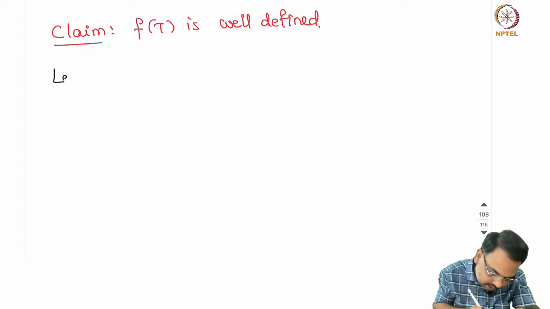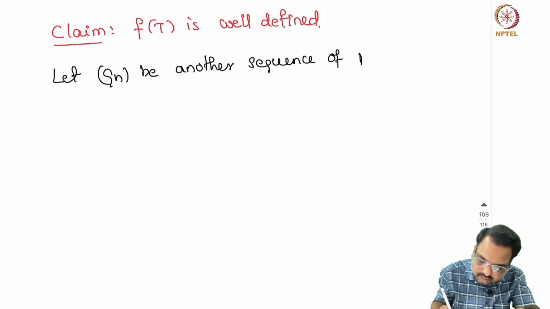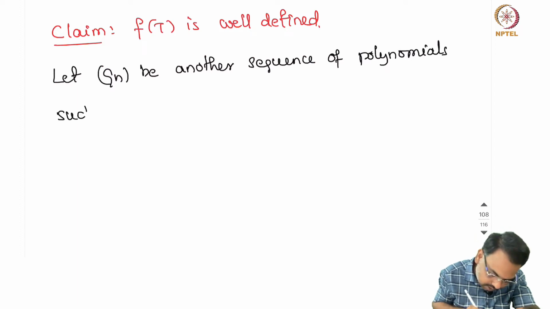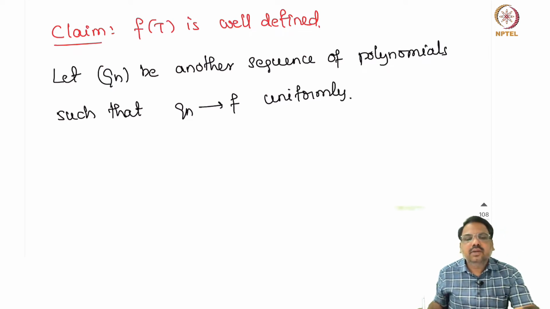Okay, so let Qn be another sequence of polynomials such that Qn converges to f uniformly. Now we should know whether Qn of T converges to f of T or not.